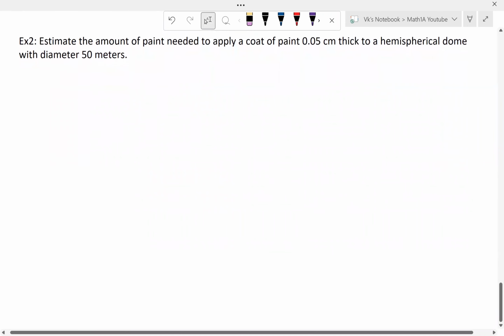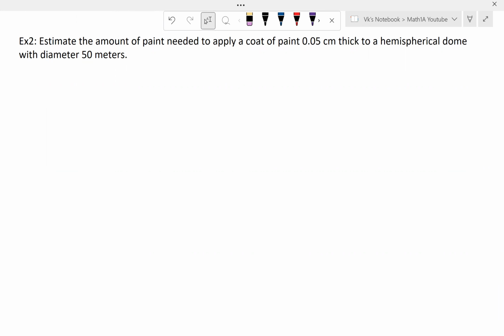Next example, number 2. Estimate the amount of paint needed to apply a coat of paint 0.05 centimeter thick to a hemispherical dome of diameter 50 meters. We can relate the volume to the radius, but not the diameter.